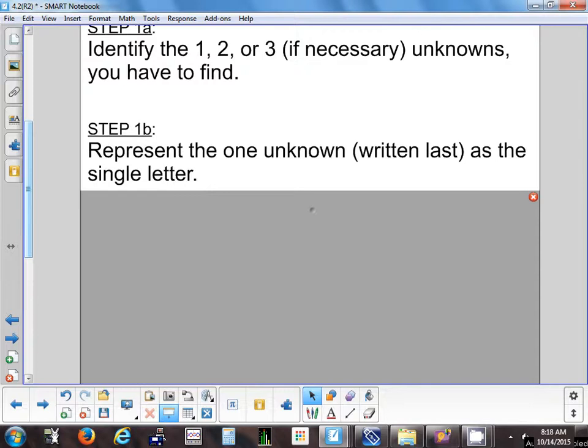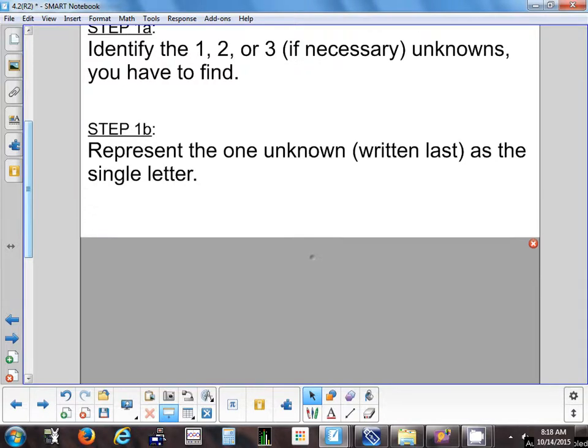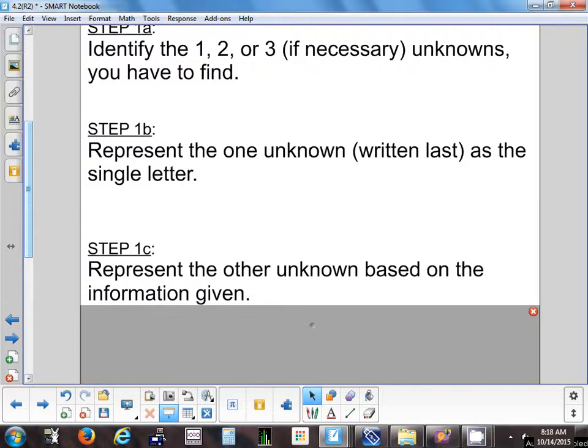Jalen. Represent the other unknown based on the information given. Yeah, represent the other unknown. So it's 3 less than whatever that second one is. It's always based on that variable. That single variable is going to show up in the other unknown because you don't know anything yet about that second unknown.